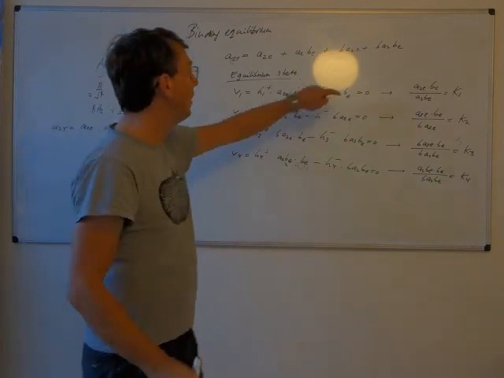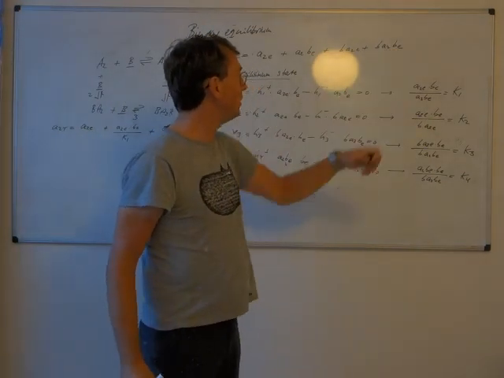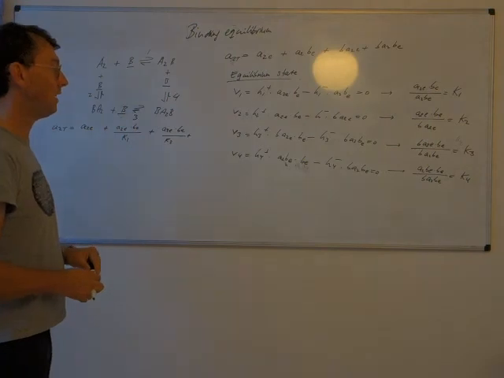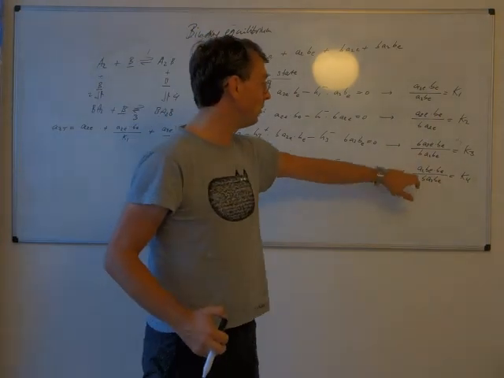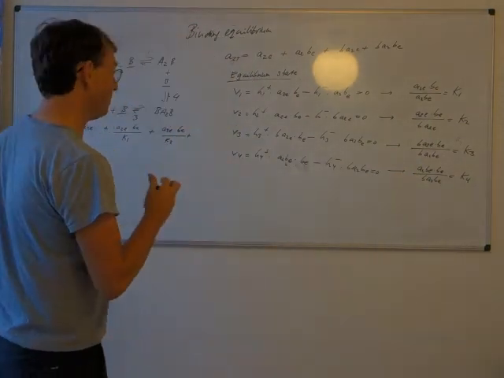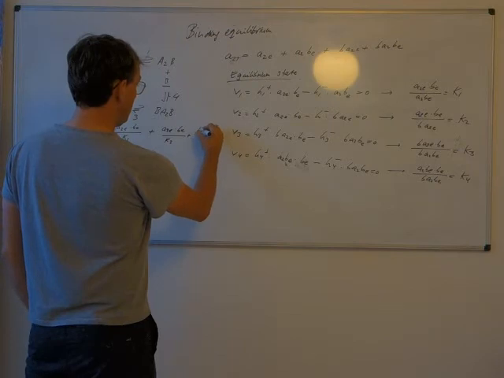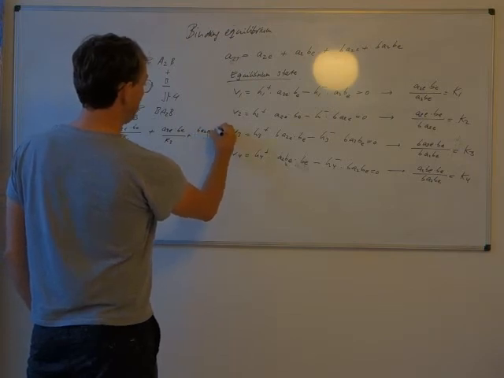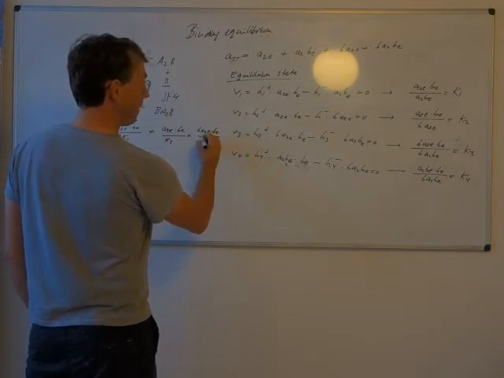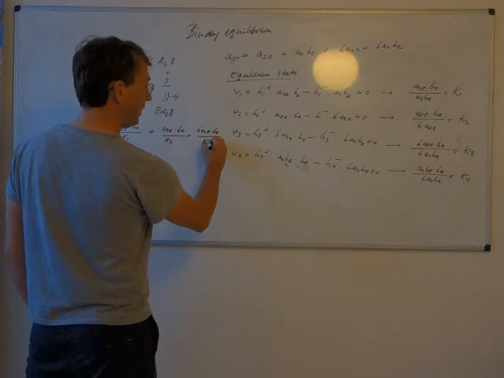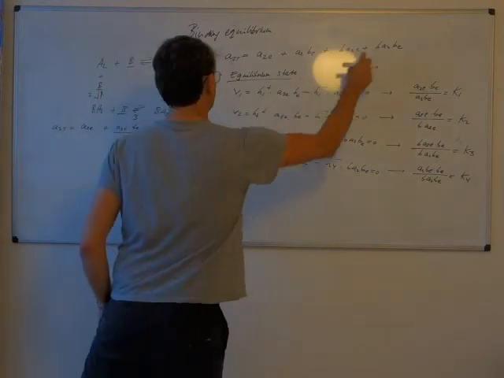And now I have this one left, which is the end state. And the end state, I can either use this one or that one. So let's use K3. So this tells me that B A2 times E times BE divided by K3 equals that concentration.